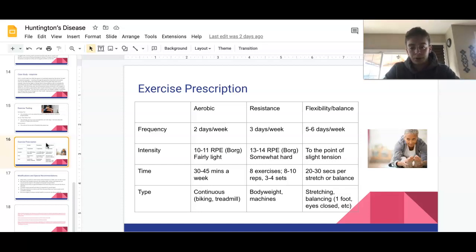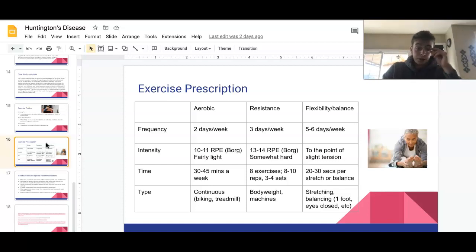And as time goes on and they show progression, we would add different sets and reps and exercises. Our type, we do body weight and machines. I would stay away from heavy free weights because that can create danger for the people around them and themselves.